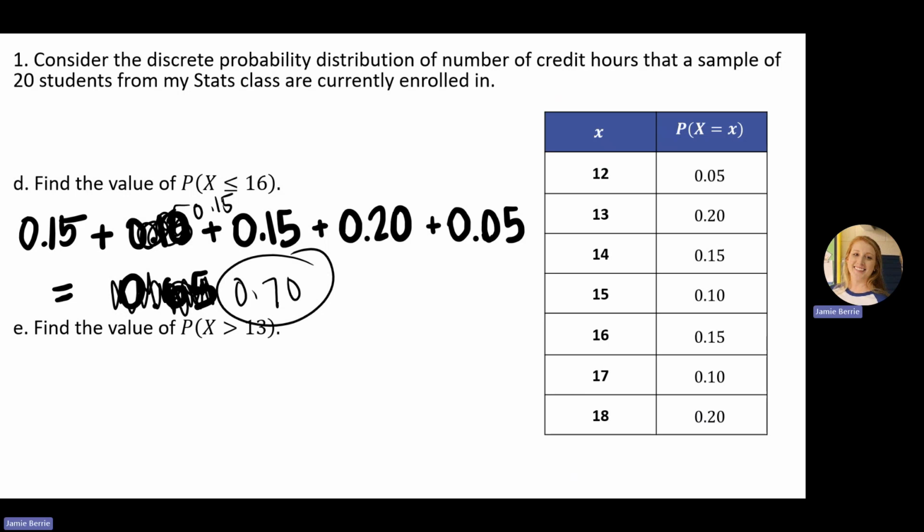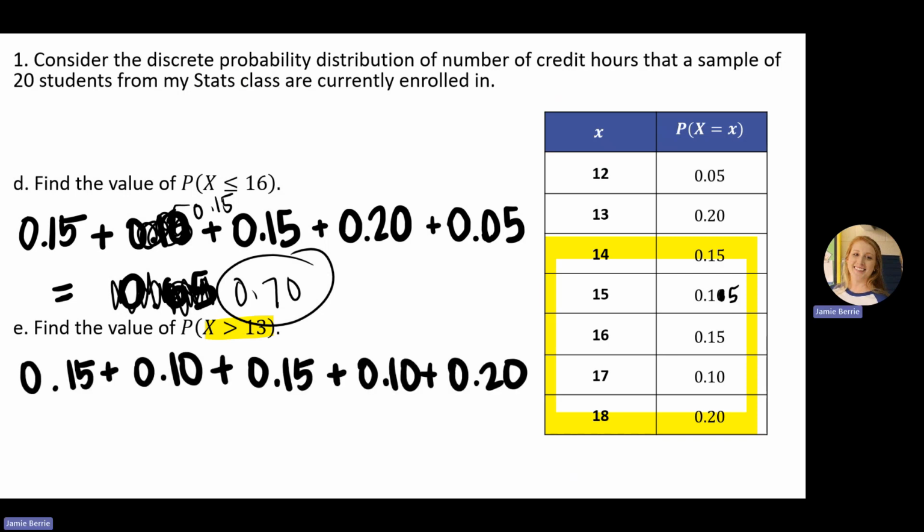All right, and then probability that x is greater than 13. If x is greater than 13, that's all of these people. Once again, we have to change that to 0.15. And then again, I've got this wrong, so I need to fix that. All right, so 0.15, that's 30.